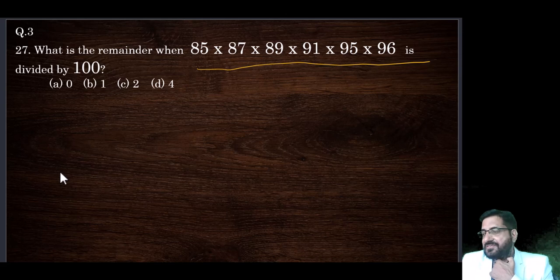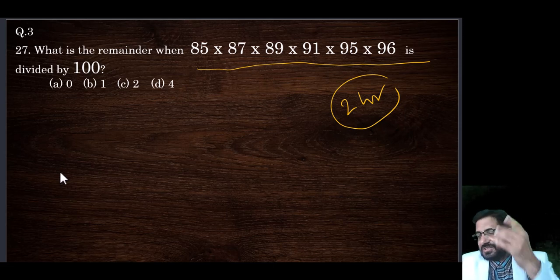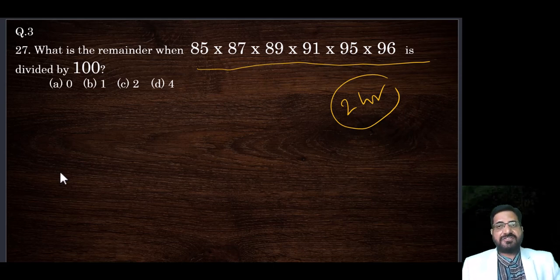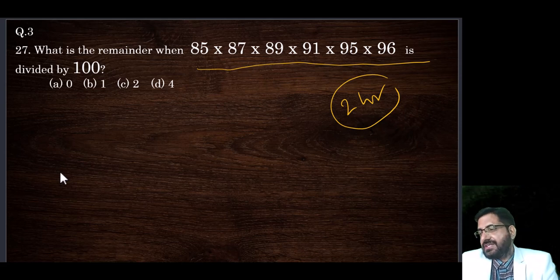See, in this exam, you will be having around 2 hours. If you keep multiplying this thing, how will you manage all these things? Okay, my dear friends, you need not multiply such things. The intention of UPSC or this exam is not to make you waste your time here.